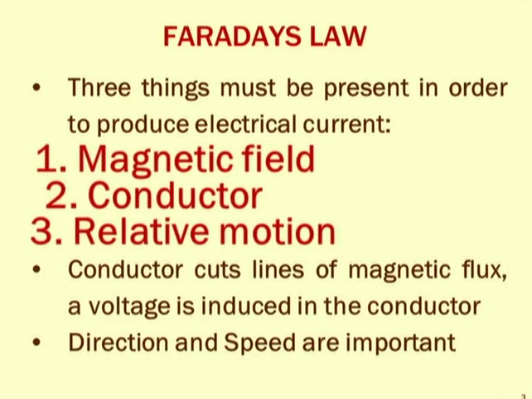Try to concentrate on some terminology. You have already studied this in previous chapters of electromagnetism, but we are trying to repeat several things here also. Now here the magnetic field, conductor and relative motion. So how we are relating these three individual terms, that we are going to discuss.